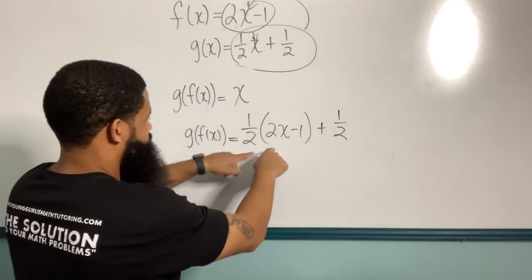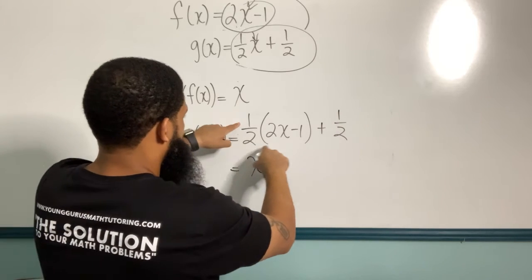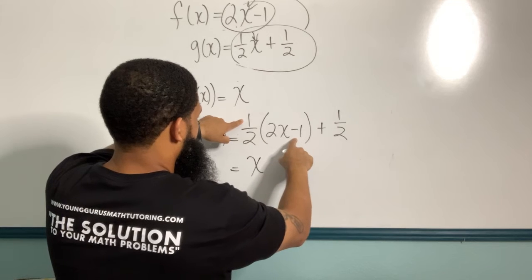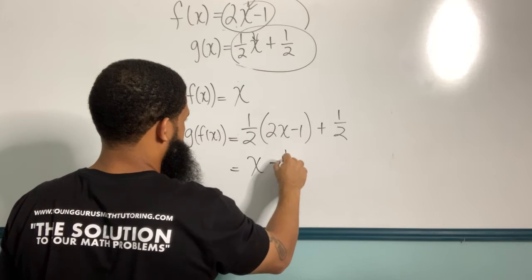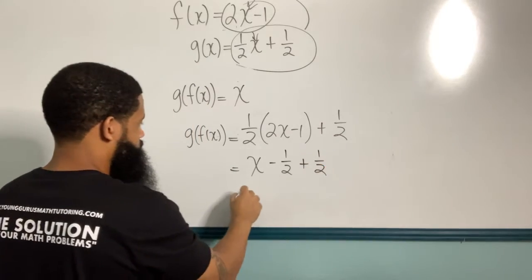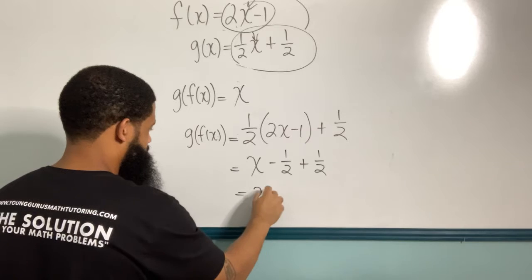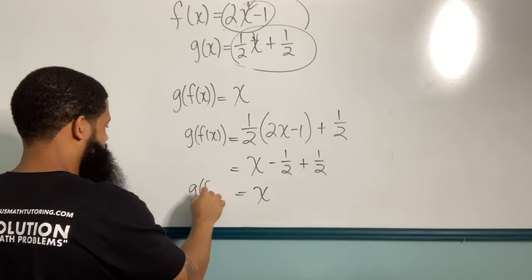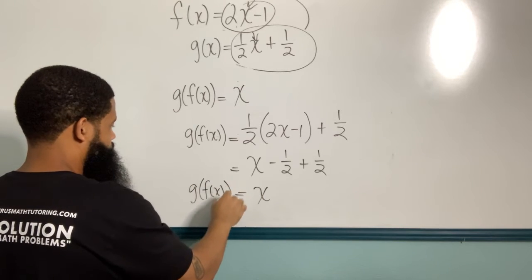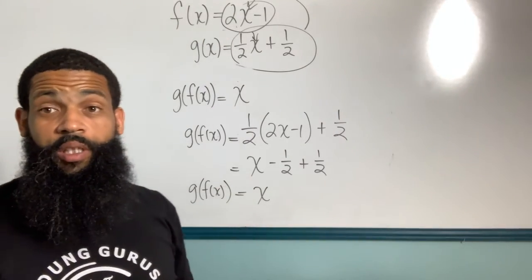All right, distributive property. 1/2 times 2x is just x. 1/2 times negative 1 is negative 1/2, and then bring down this positive 1/2. Well, negative 1/2 plus 1/2 is 0, right? So I just get x. So g of f of x equals x. So yes, these two functions are inverses of one another.